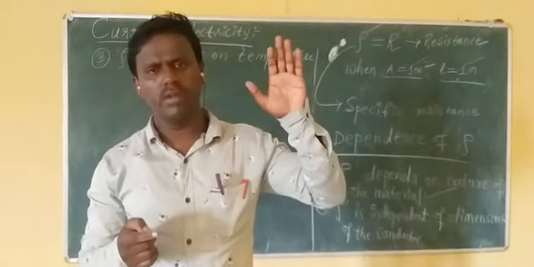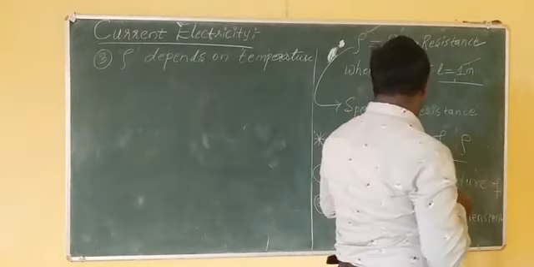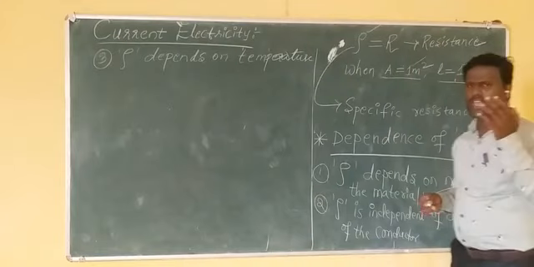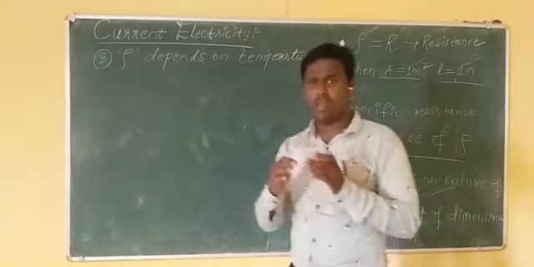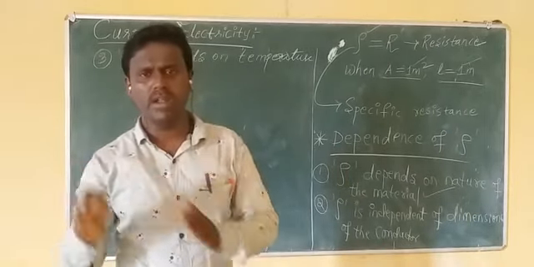Areas are also different: 1 meter square, 2 meter square, 3 meter square. What is the value of rho? Rho is the same because they are made of the same material, copper.